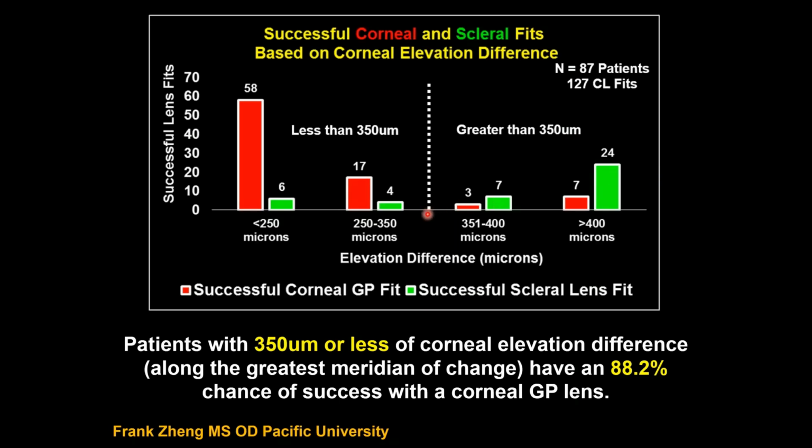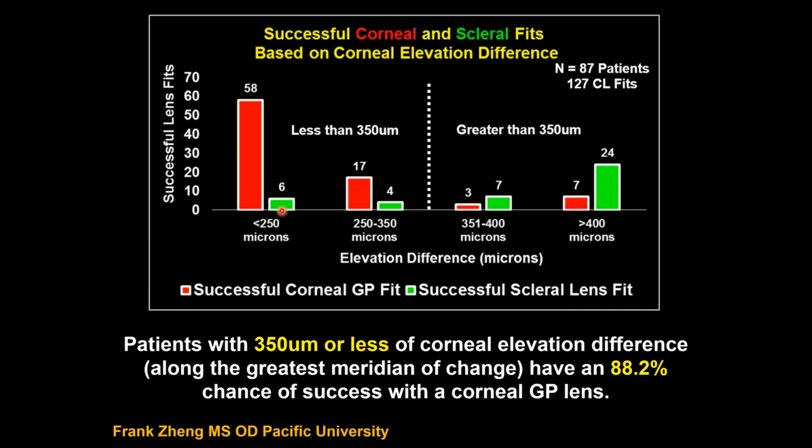Then we look at the study. When the elevation difference is less than 350, corneal GPs worked with great success. That's the red bars you see here. In fact, 88% of the time, the corneal GP could work when the elevation difference was under 350.